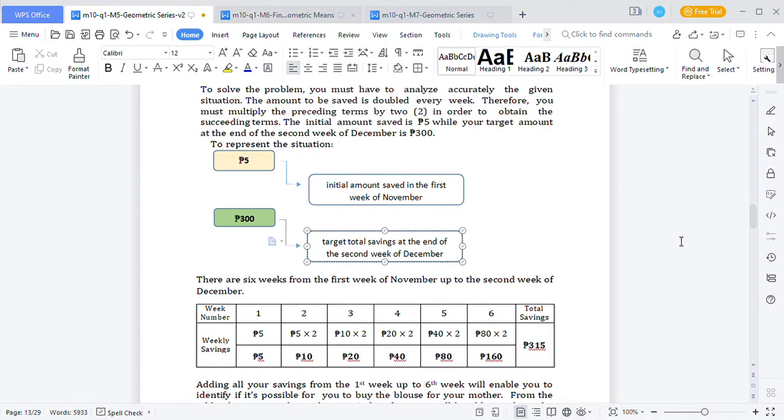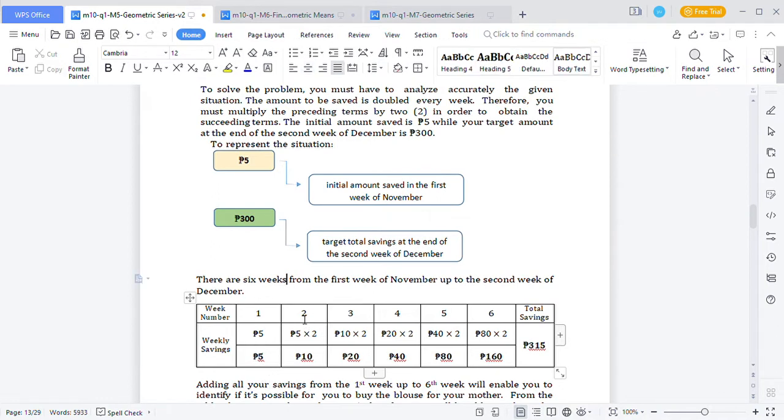And then we have there the week numbers, so first week, second week, third week, fourth week, fifth week, and sixth week. So, ang imo weekly savings is 5 pesos, right? And then, of course, as the week passed by, madouble ang imo i-save. So, you have there 5 pesos is your i-save on the first week.